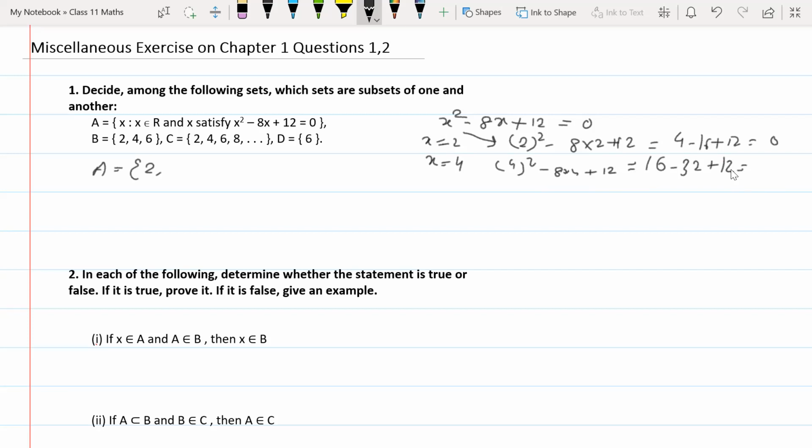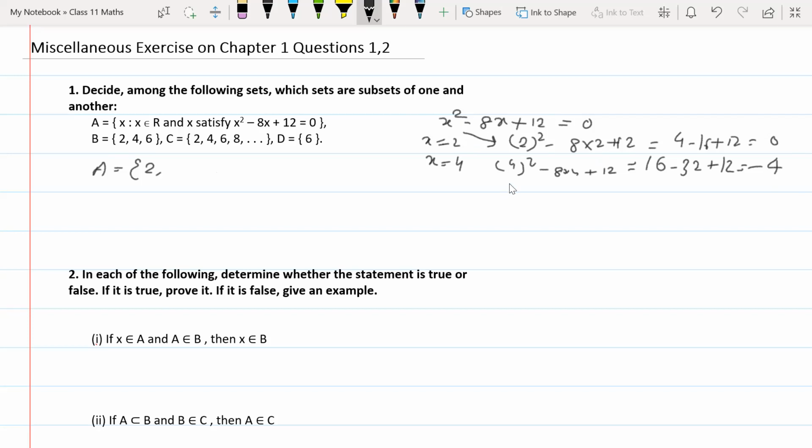And what would be the result? The result would be minus 4. So we can't say that 4 is an element of A. It means if we put x is 4, then the result would be minus 4. Then we can say that 4 is not an element of set A.